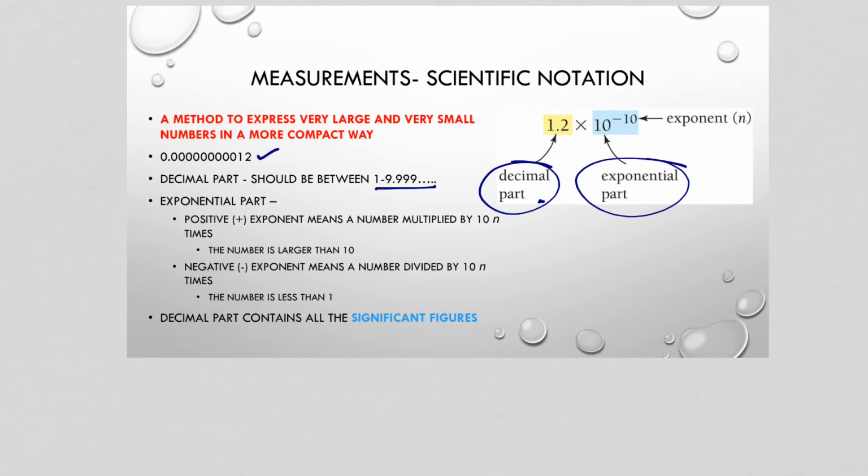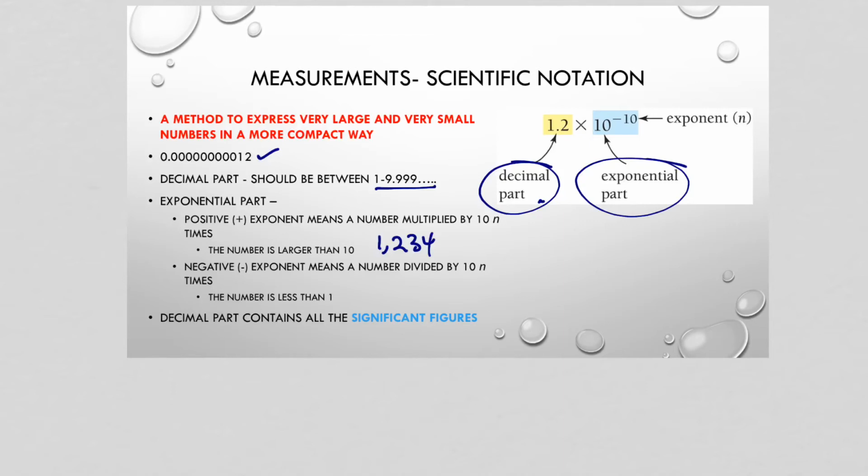If our exponent is a positive value, that means our decimal number is multiplied by 10 that many times. What that means is our original number is a number bigger than 10, for example, 1,234. When we put that into scientific notation, it results in a positive exponent.